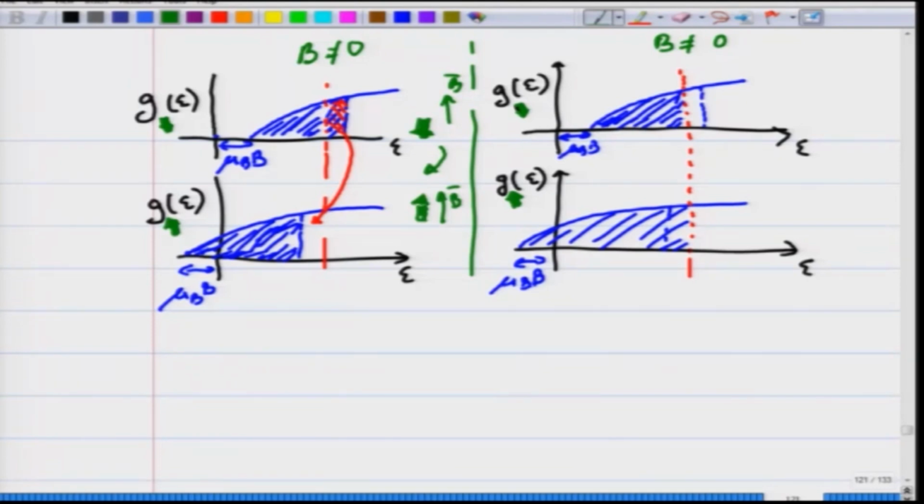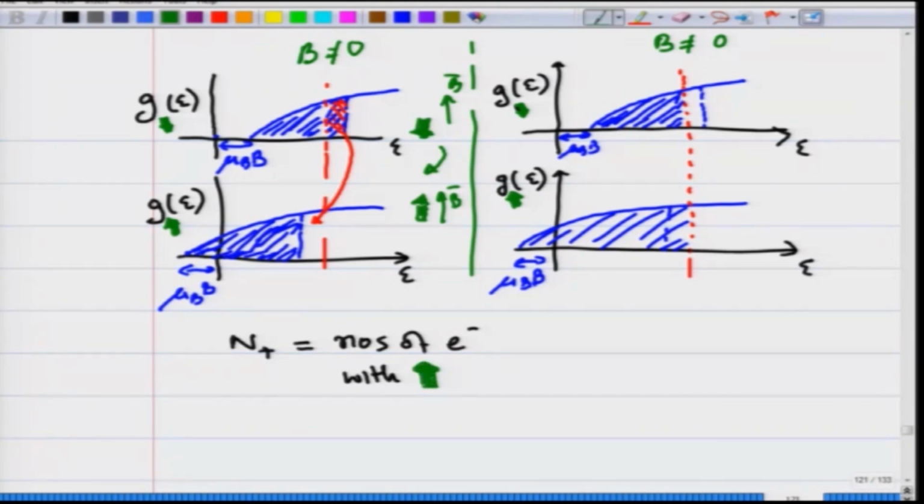So, how many are these electrons? Let us calculate. N plus is the number of electrons with magnetization aligned in the field direction, namely magnetization up.